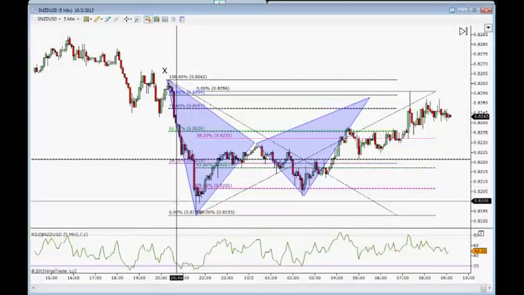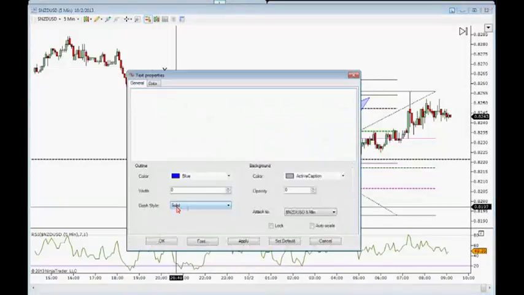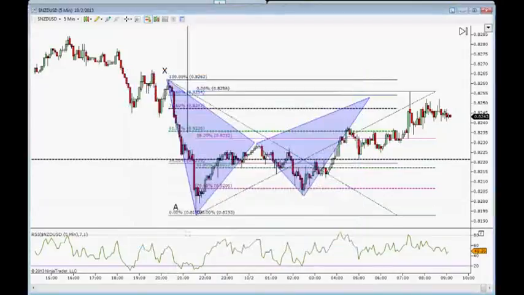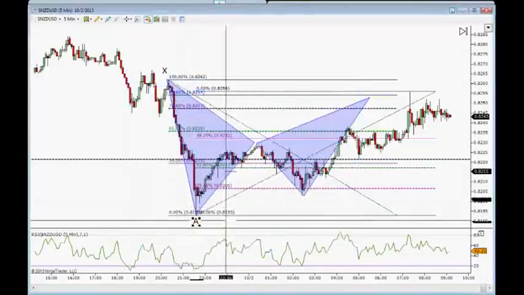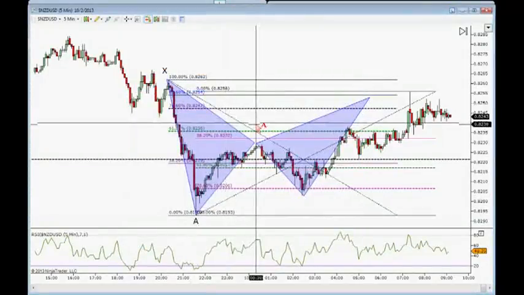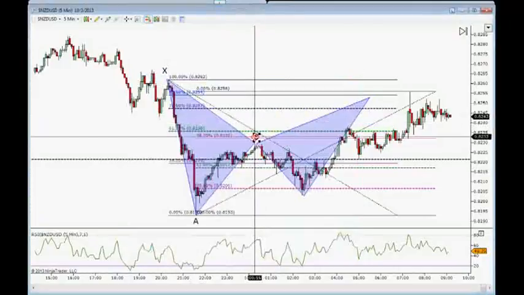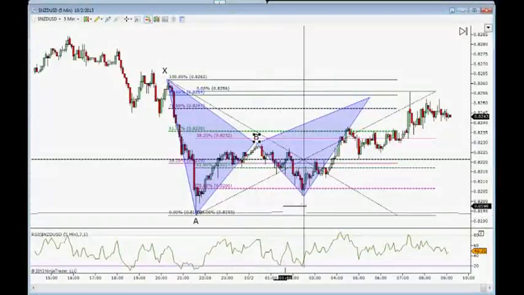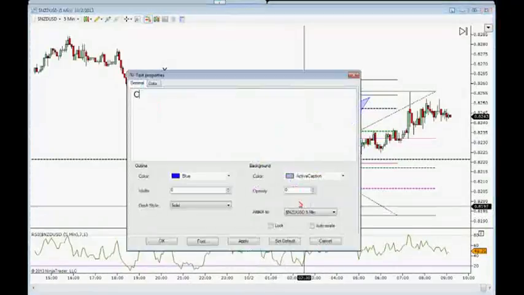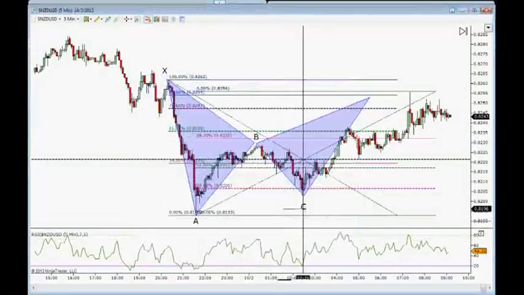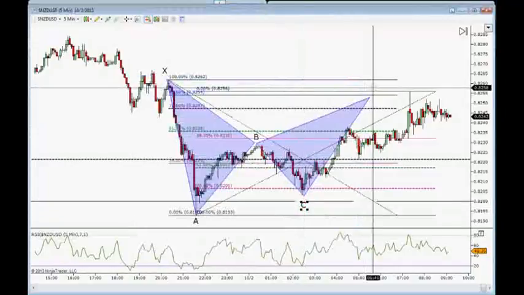This is the X point. This will be the A point down here. Then up here, we have a B point. And then down here, we're going to have a C point.